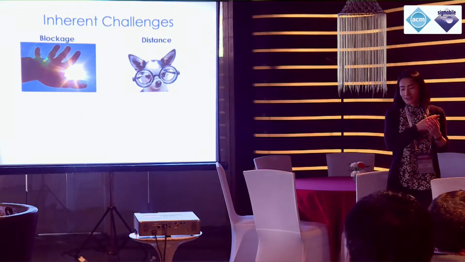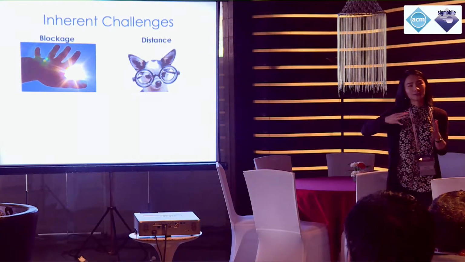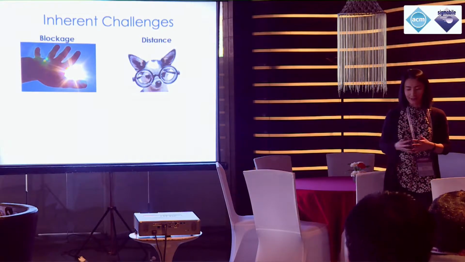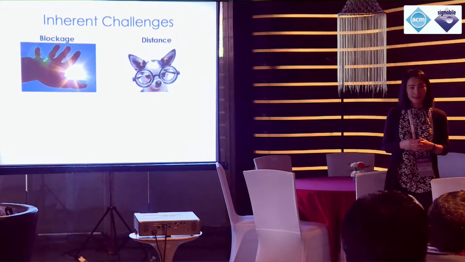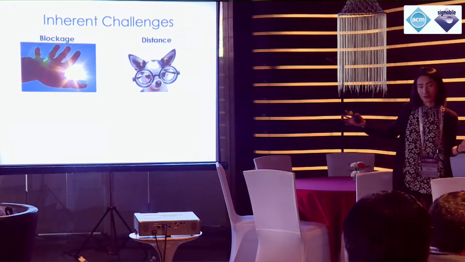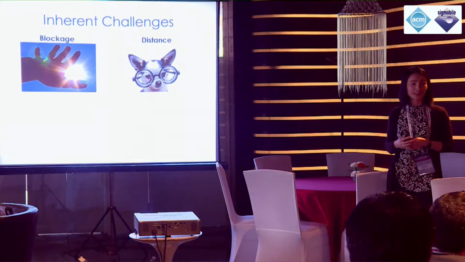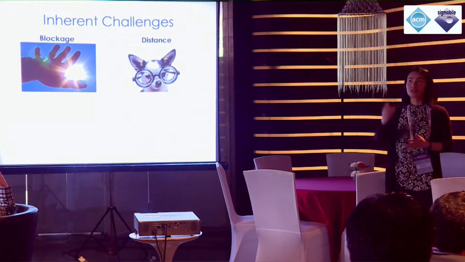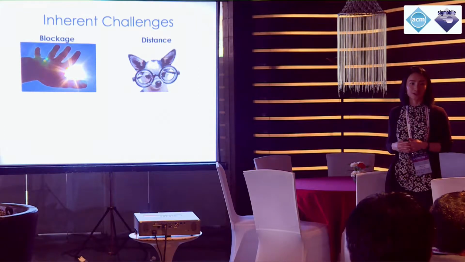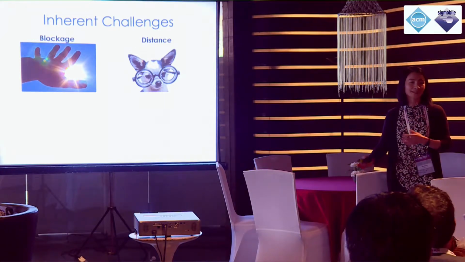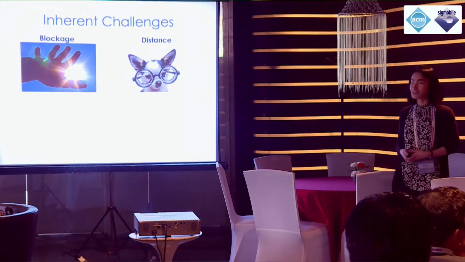The degradation of the signal is much bigger than the other communication modalities, so the distance is also limited. For Wi-Fi, you can get up to 100 meters transmission distance, but for light, with the typical intensity we use for illumination, it is only a few meters at most to transmit data.